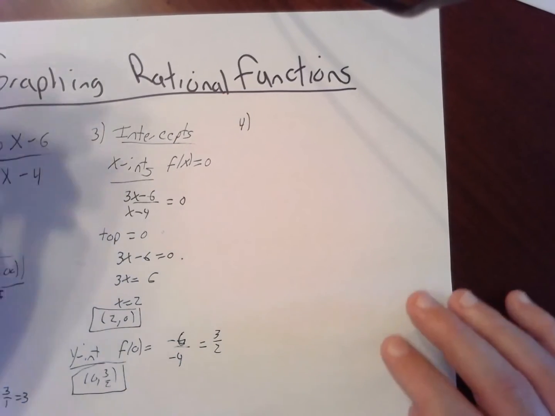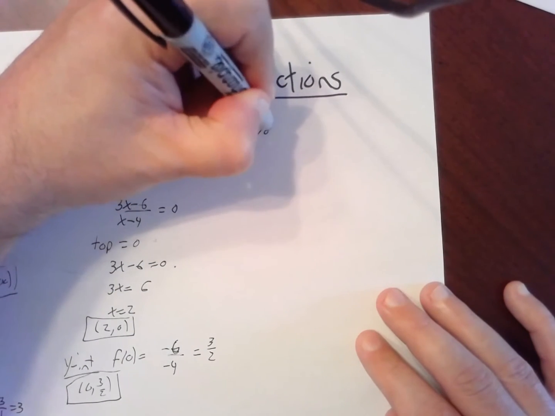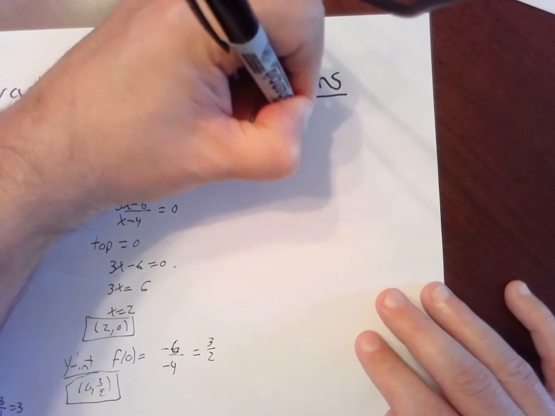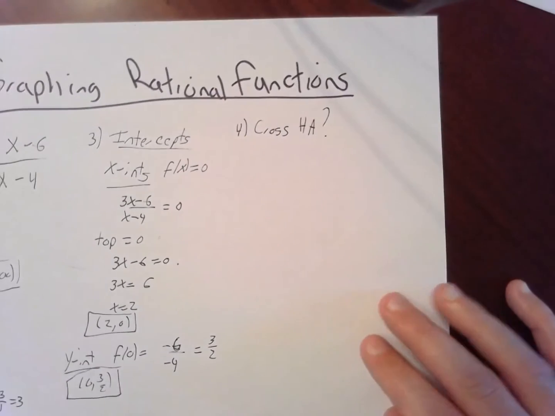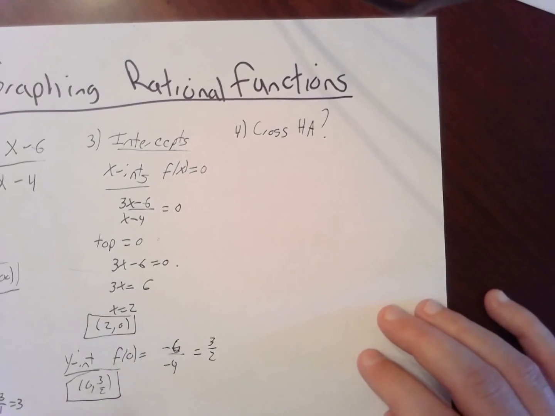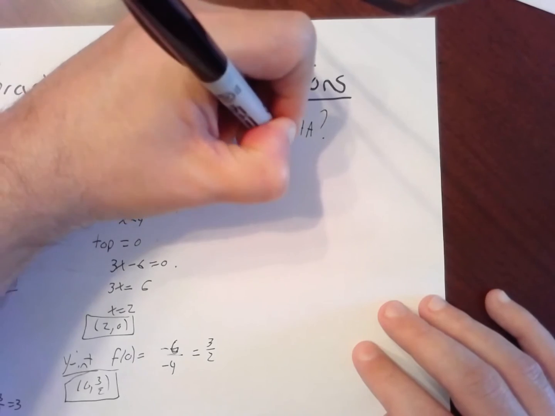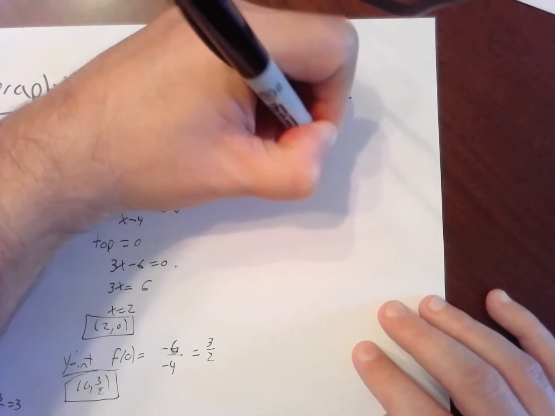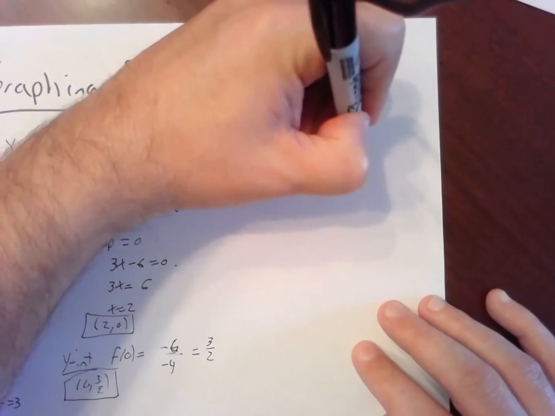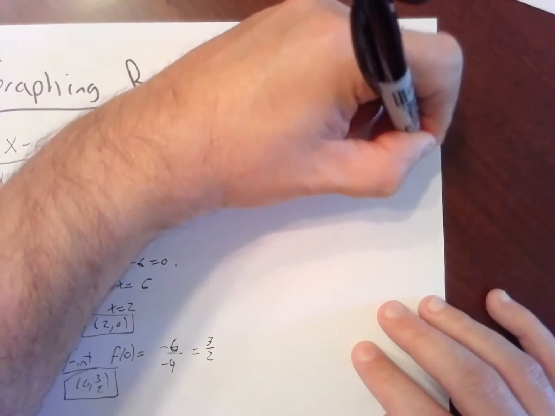This is the order we want to do things in. We determine, does the graph cross the horizontal asymptote? Sometimes they do, sometimes they don't. To check that, we set the function itself equal to the horizontal asymptote, and we try to solve.